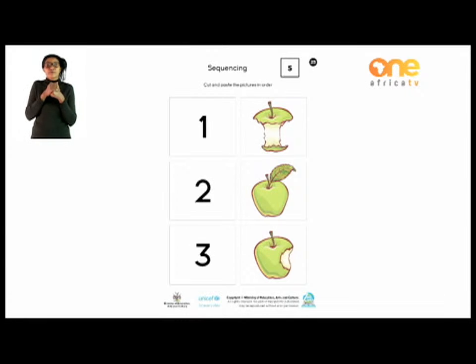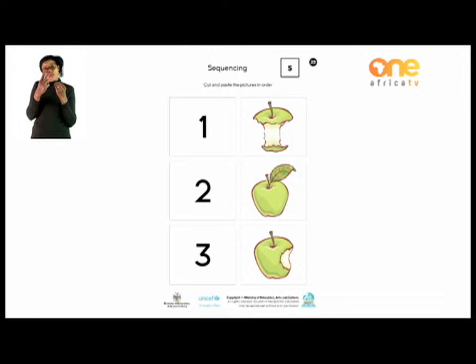So, the whole apple you will paste at the back of number 1. The second apple, which is bitten only once, you will paste at the back of number 2.